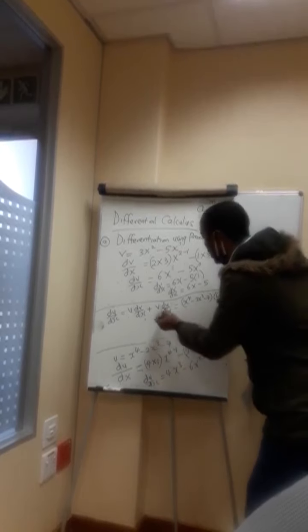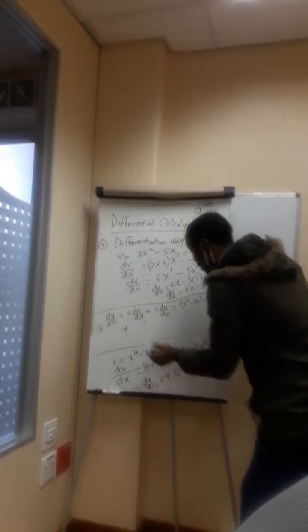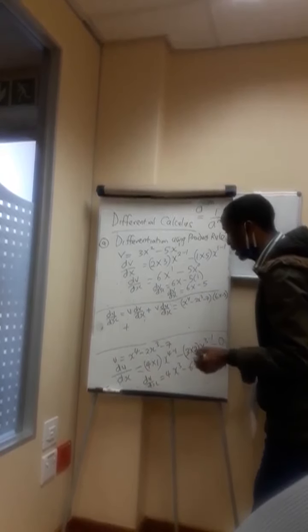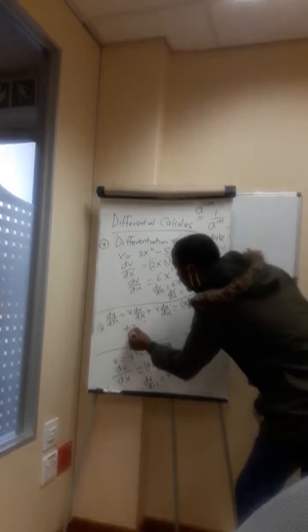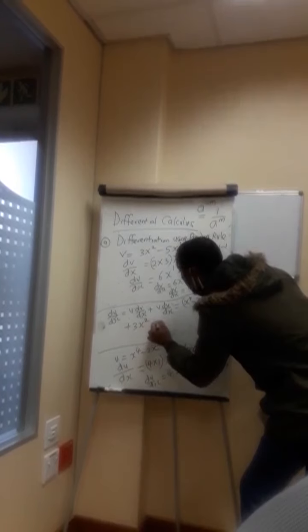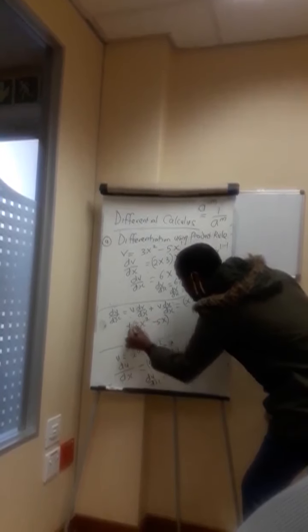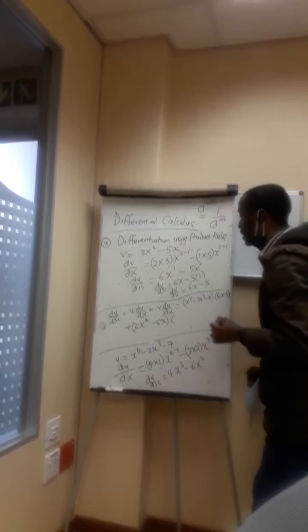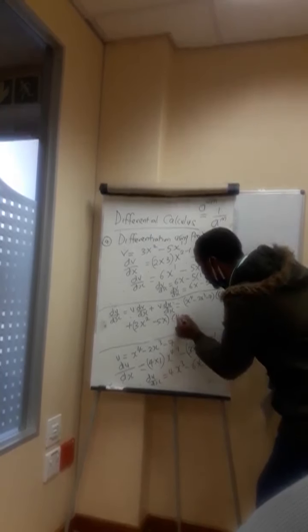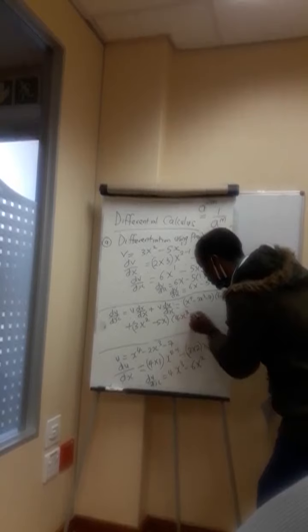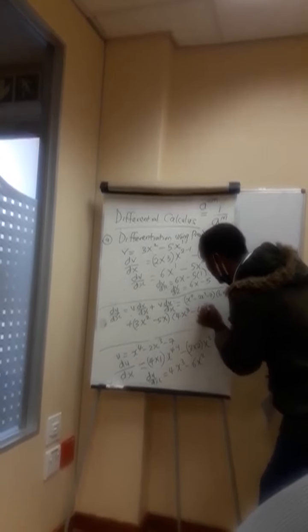Then what is my v? My v is 3x squared minus 5x, which I've represented. Then my du/dx is 4x cubed minus 6x squared.